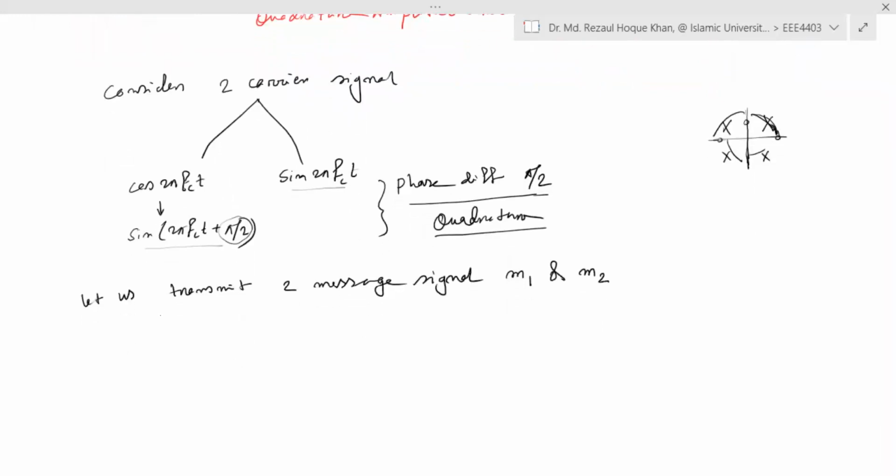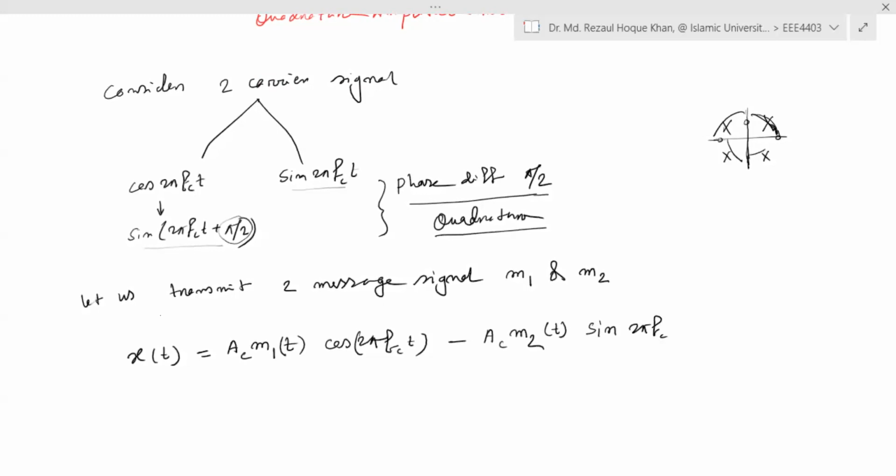So the transmitted signal x(t) can be written as Ac M1(t) cos 2 pi fct plus Ac M2(t) sine 2 pi fct. One message is multiplied by one of the carriers, cos 2 pi fct, and the other message is multiplied by the other carrier, sine 2 pi fct.